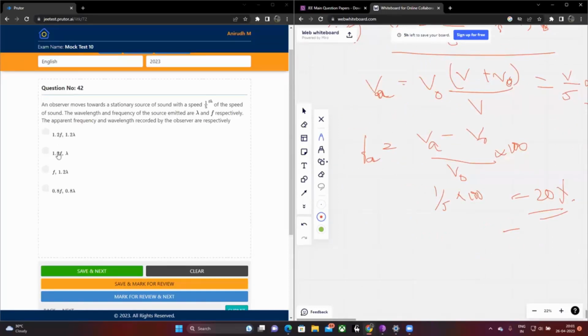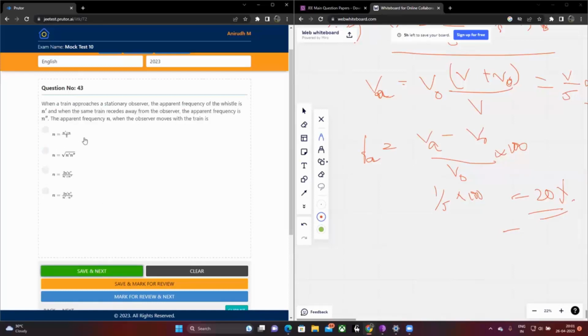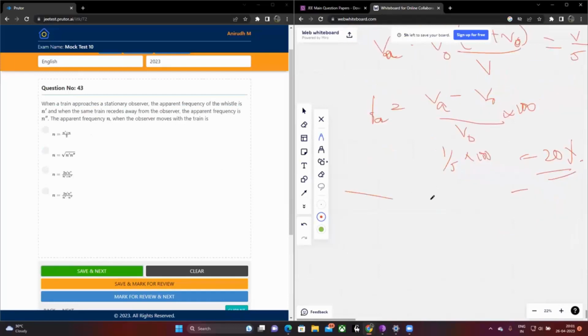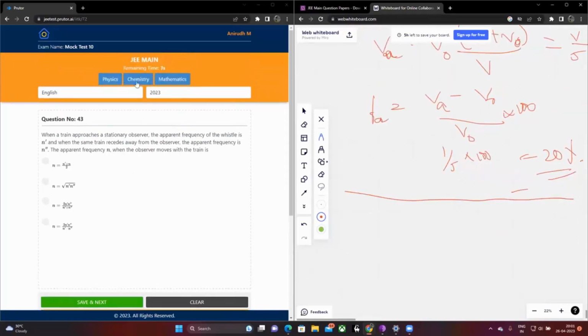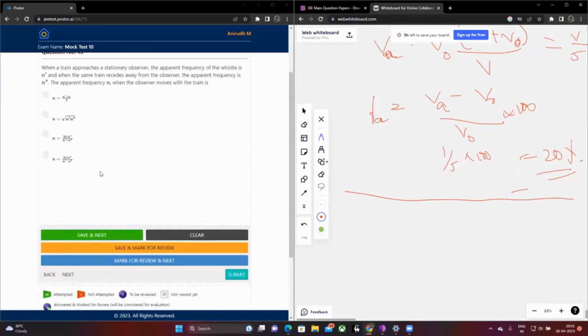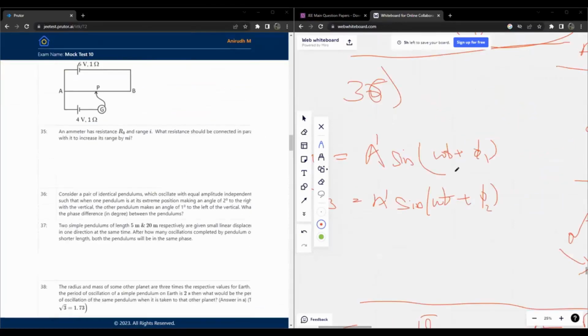The speed of sound is the same, so the wavelength recorded stays the same. There is a shift in frequency, but no shift in the wavelength. So it's basically 1.2 F and lambda does not change, right? And I have no time remaining, so it's going to be separate soon.